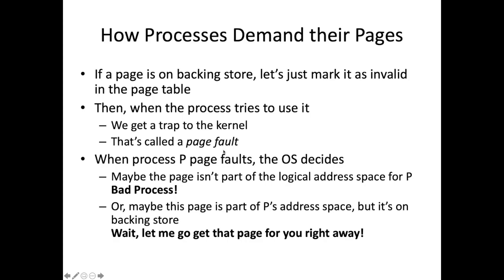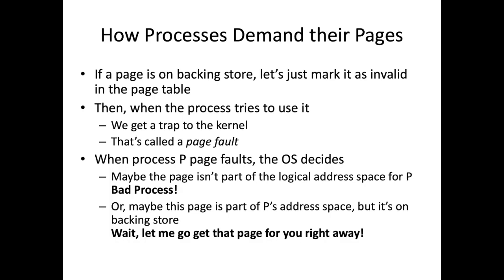Now, whenever a page fault occurs, whenever a process tries to access a page that's invalid, the OS has really two situations to worry about. Maybe the process is trying to access memory that isn't even its memory at all. That'd be just like trying to access an array out of bounds, or trying to access memory that wasn't part of your process. That's still a bad thing. If processes try to do that, the OS is probably going to terminate the process and say something like segmentation fault.